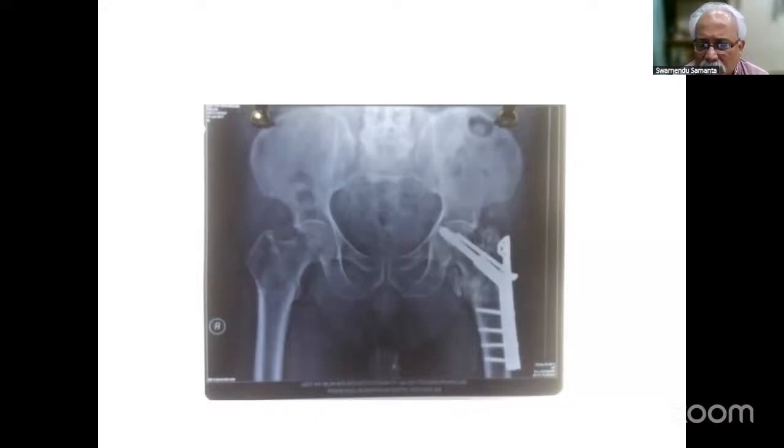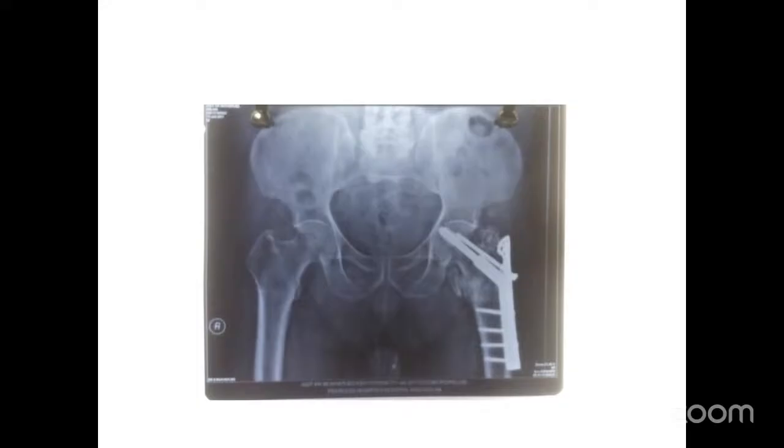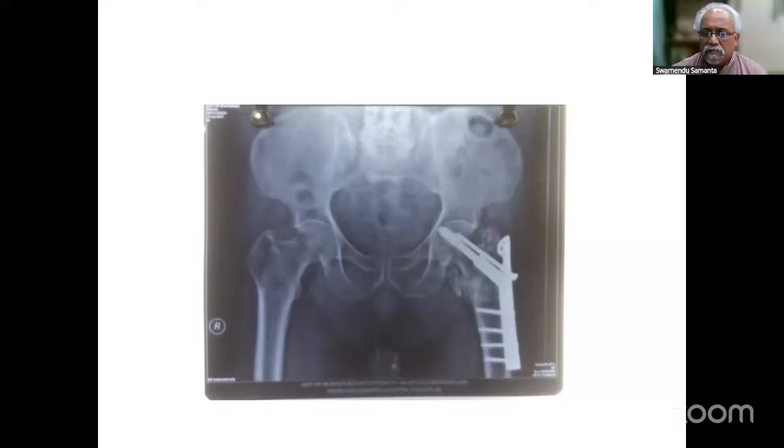Then the question will be, in which case will you use the trochanteric stabilization plate? Anybody can volunteer. Lateral wall deficient, less than 20. Basically, yes.